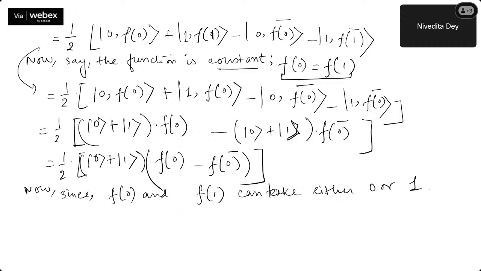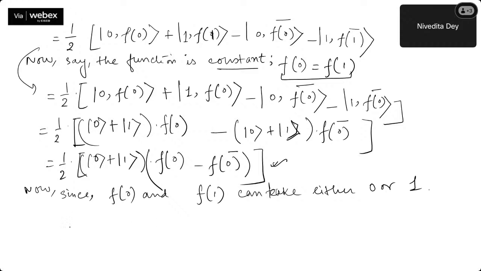Now just check it once, in this equation, it will be either a plus (0 minus 1) within bracket or a minus (0 minus 1) within bracket. That is a plus minus. Then this entire thing is half into |0⟩ plus |1⟩ times |0⟩ minus |1⟩. Right? 0 minus 1 and 1 minus 0 differ by only a phase factor of minus 1.